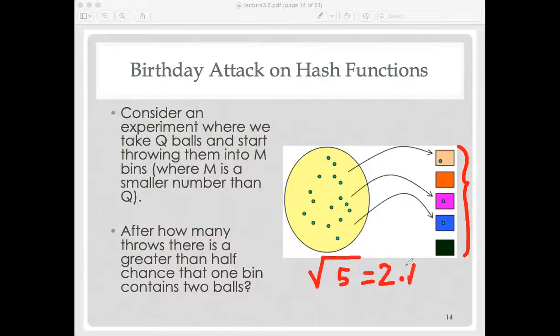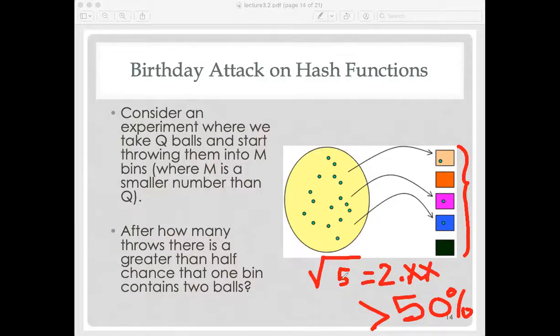Nice. After this number of balls being thrown in, there is more than 50% chance that there will be a collision. So here, after I throw the first ball and the second ball, on throwing the third ball there is a probability of more than 50% that there will be a collision.